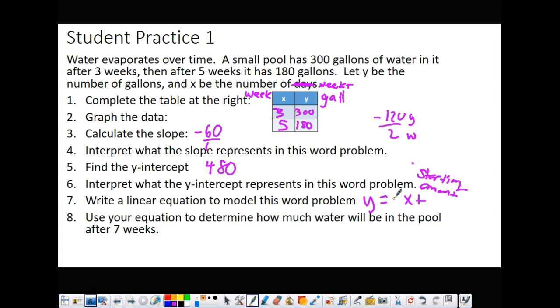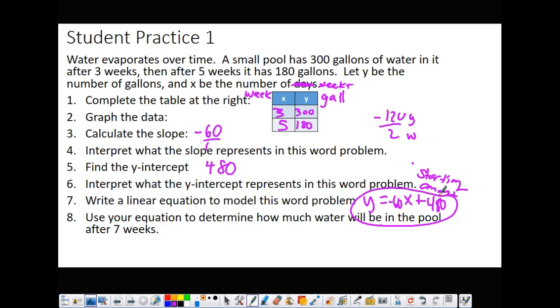Okay, that's all right. Let's see if someone else can jump on for us. Vanessa, what is our linear equation here? Negative 60x plus 480. That's right. So we have our slope, negative 60, and we have our y-intercept, 480.